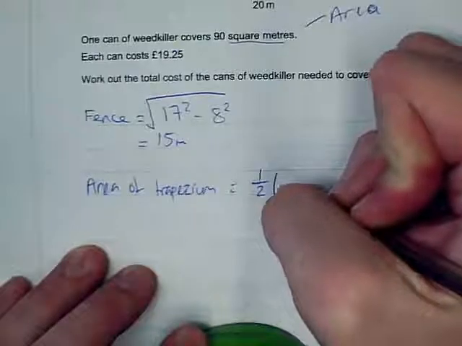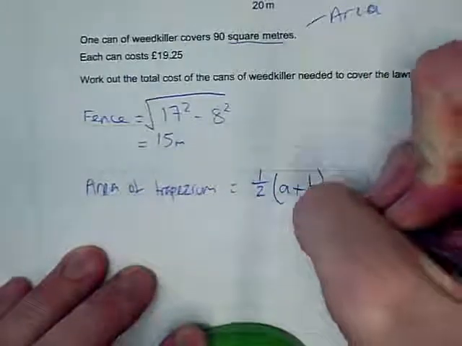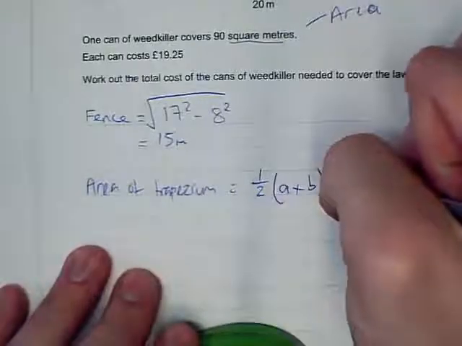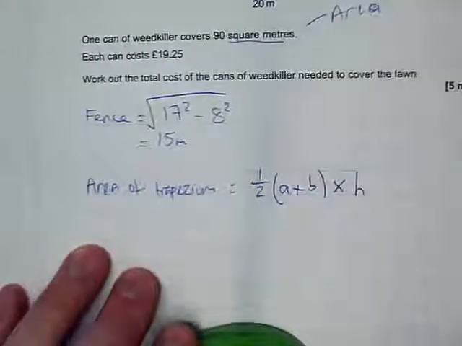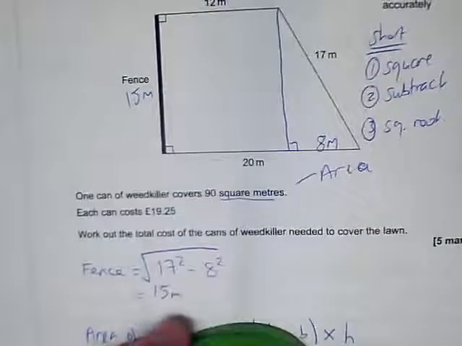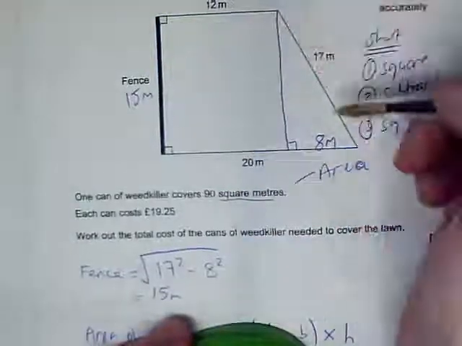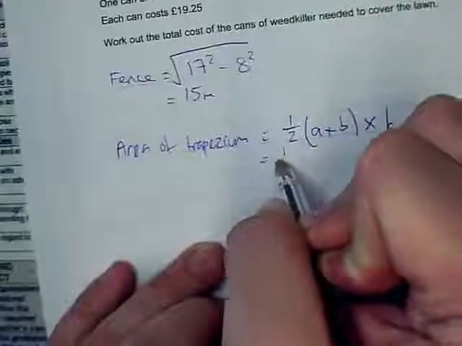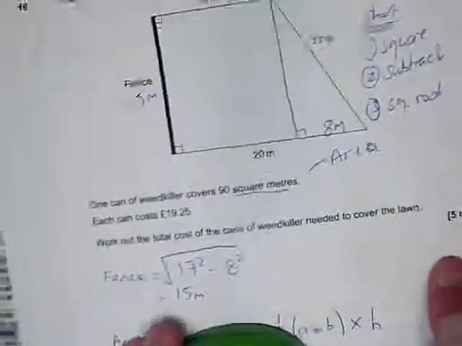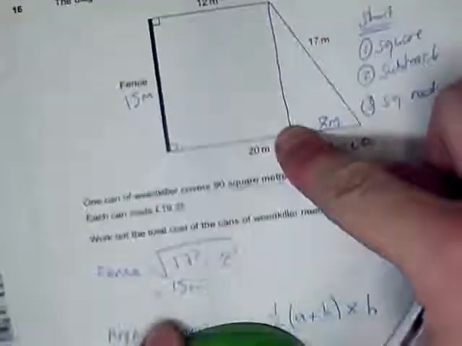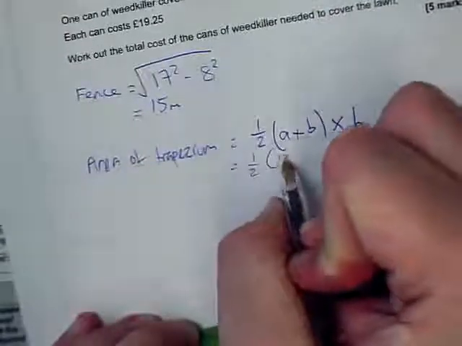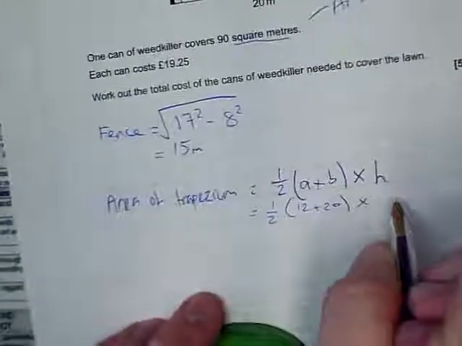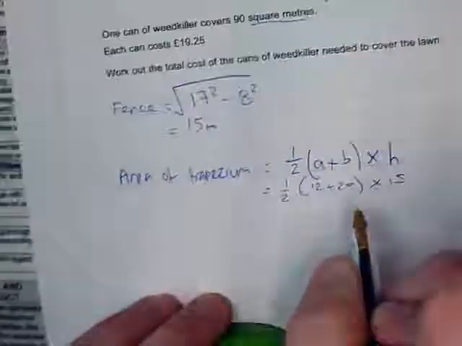The formula is half A plus B, where A and B stand for the parallel sides, and then I need to times them by the distance between them, which is the height, the vertical distance. I'm not looking at the 17, you never use this side. So that will be half of the parallel sides, which is 12 add 20, and the distance between them I've just worked out to be 15.